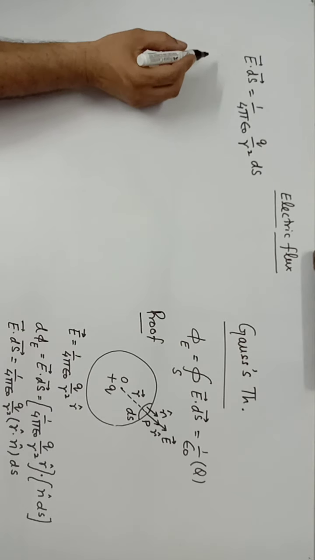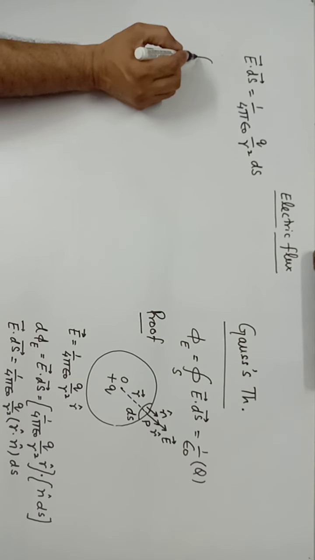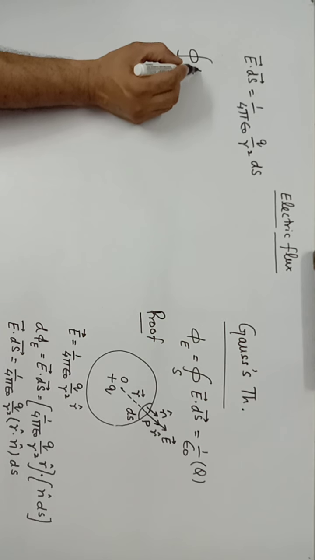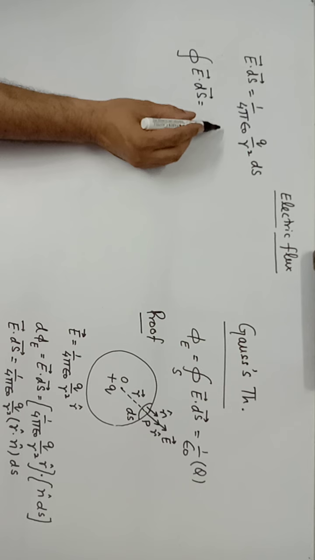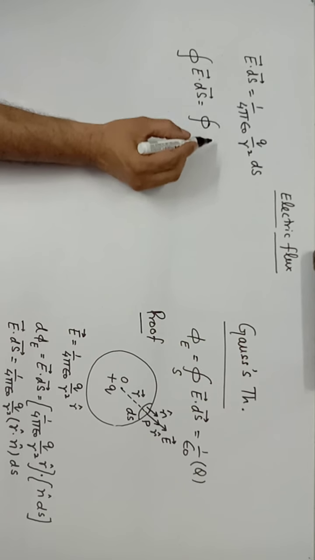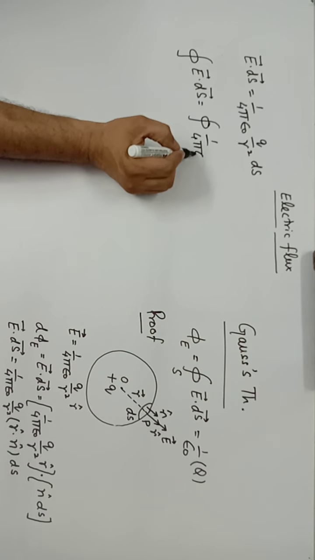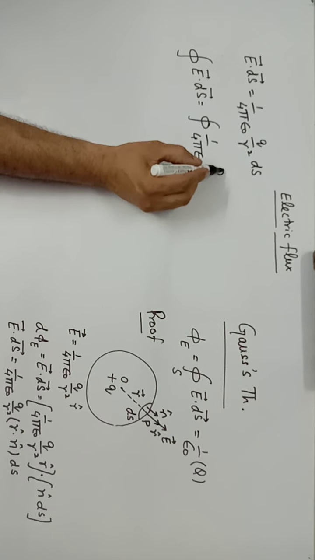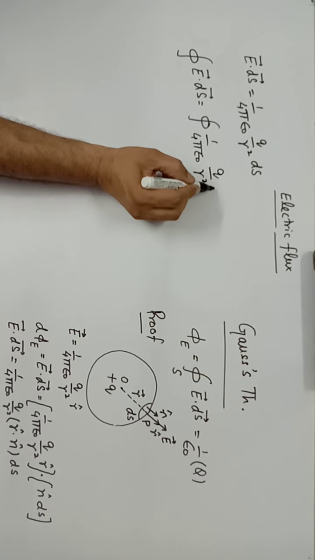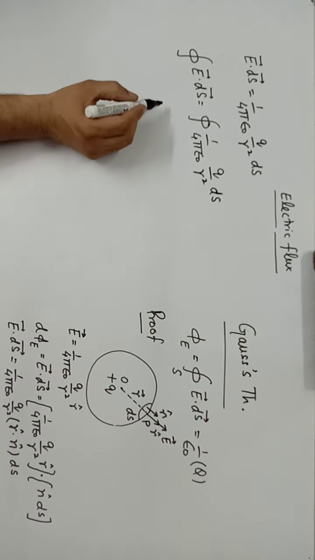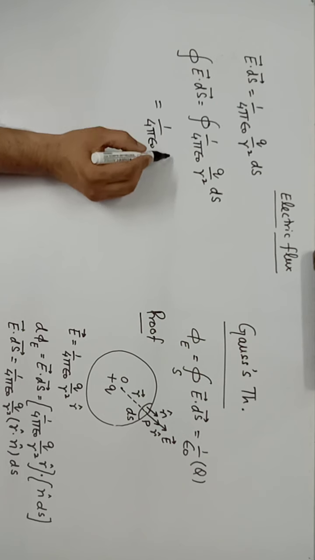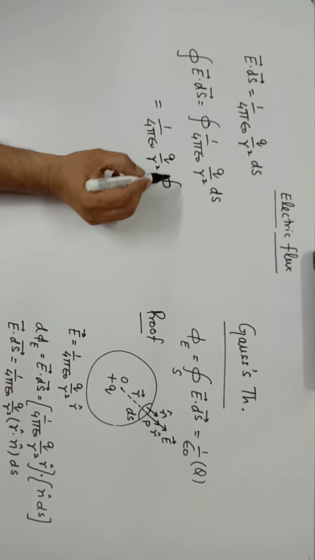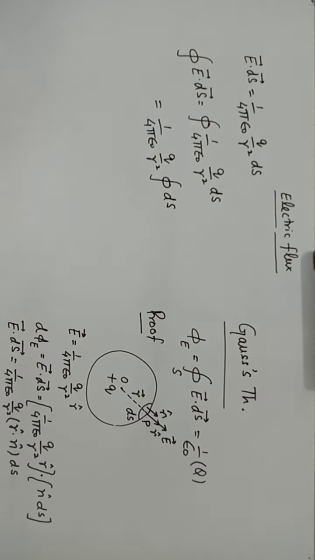Now for the total flux, integral E dot ds equals the integral of 1 upon 4 pi epsilon naught Q upon r square ds, that is 1 upon 4 pi epsilon naught Q upon r square times the integral of ds.